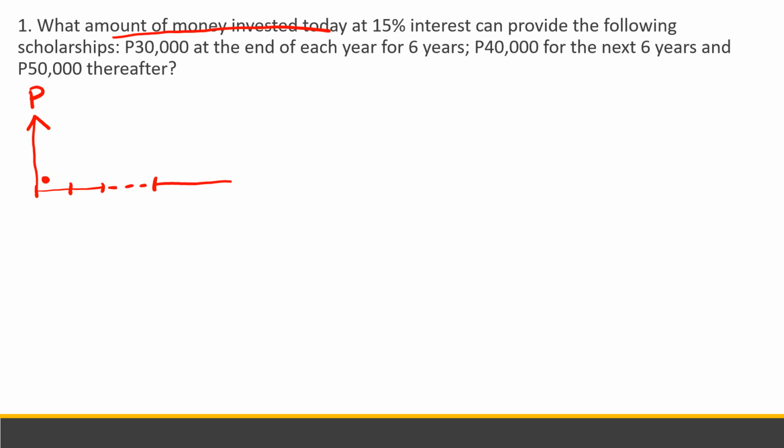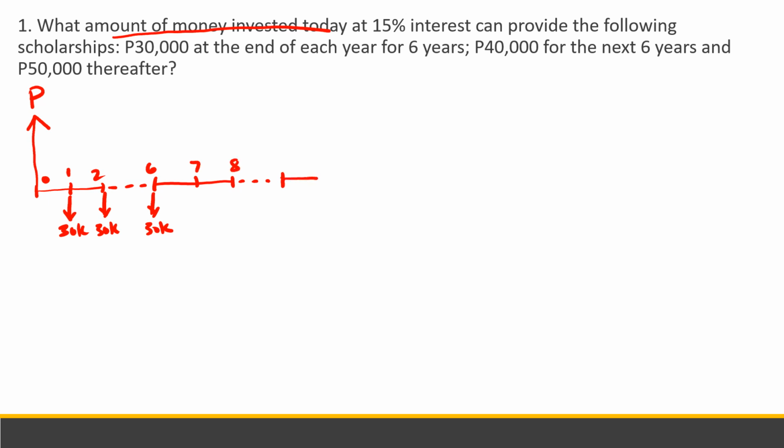After 6 years, 1, 2 to 6 years, you will have 30,000 for 6 years, and then 40,000 for the next 6 years.